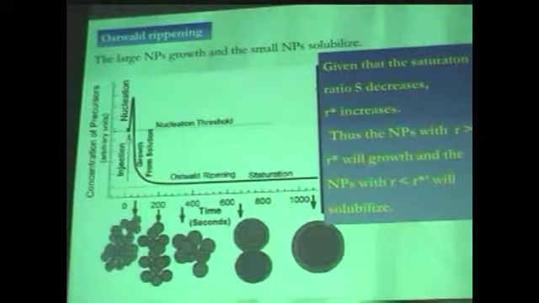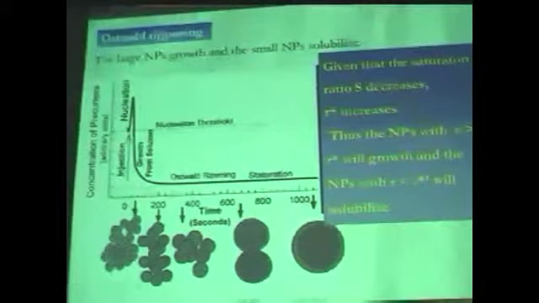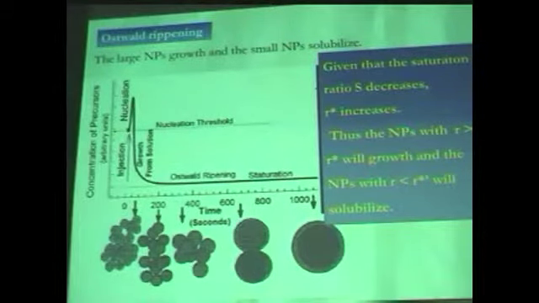Given that the saturation ratio S will decrease because the concentration of precursors will decrease, the R star will increase. Okay, and now we cannot operate with this R star, but we should recalculate another R star, which we will call R star prime.